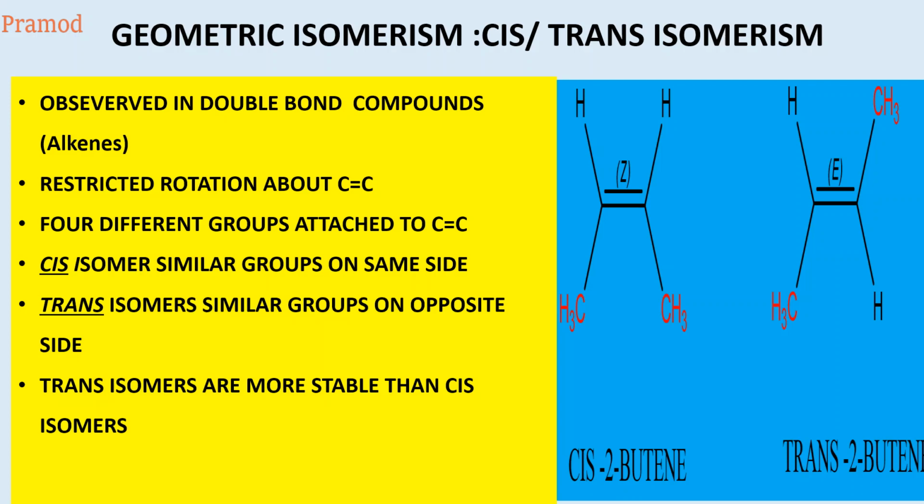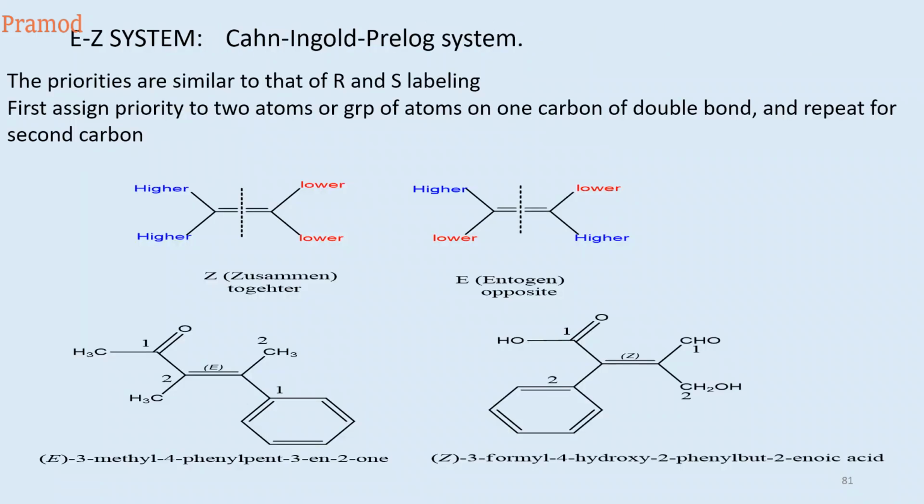So it is shown by molecules which possess a restricted rotation across the carbon-carbon bond. Here in case of alkenes, there is a double bond. So that is geometric isomerism. In cis isomers, two groups are on the same side, whereas in trans, they are on the opposite side. So this is cis and trans isomerism.